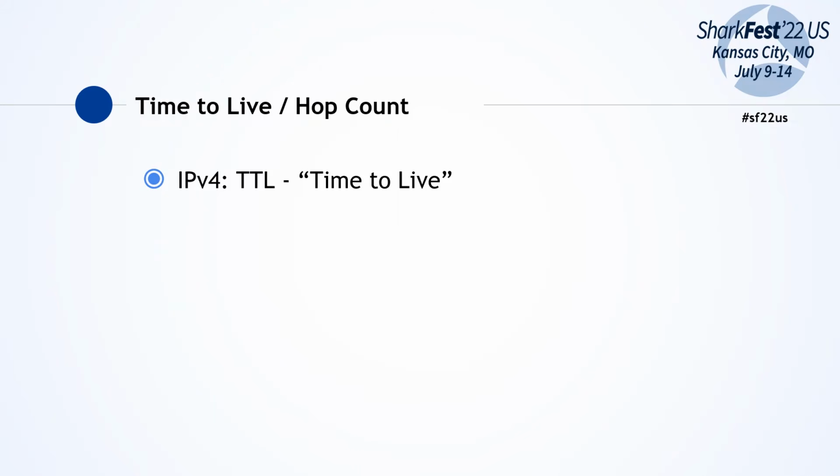I don't know if you know this, but the TTL used to be a second-based thing. The TTL was assumed to be 1 second per router hop that the packet travels across.